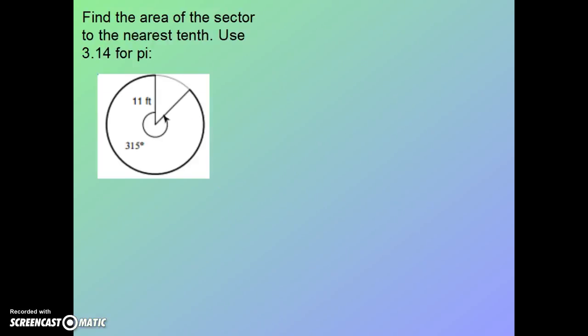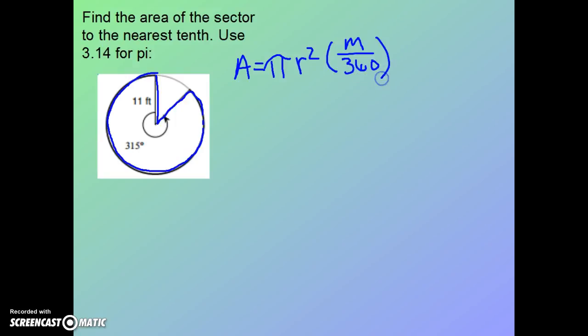Let's look at one more example before we go. Find the area of the sector to the nearest tenth. Use 3.14 for pi. If you notice on this one, the sector that we're actually talking about is the larger portion of the circle. So when we look at this problem, we're going to say A equals pi r squared times the measure of the central angle divided by 360.